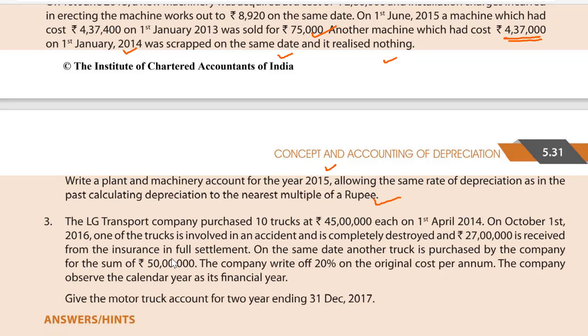On the same date, another truck is purchased by the company for the sum of 50 lakhs. The company writes off 20% of the original cost per annum. The company observes the calendar year as its financial year. Give the motor truck account for 2 years ending 31st December 2017.